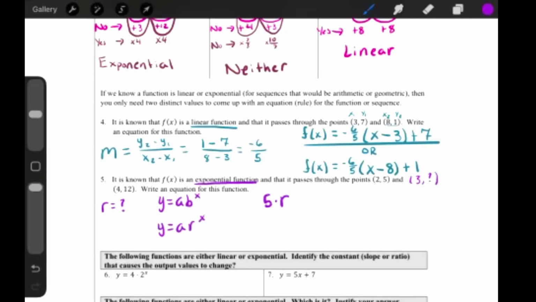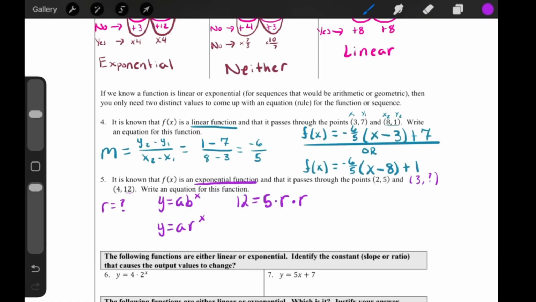But we do know what our next jump would be, which would be 12. So if we multiply again by another r, this would equal 12. From here, we would be able to start solving for our missing variable.